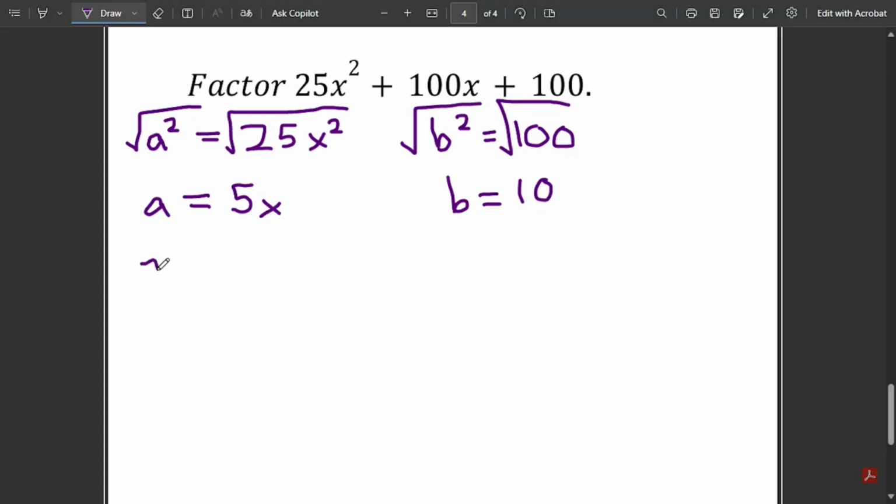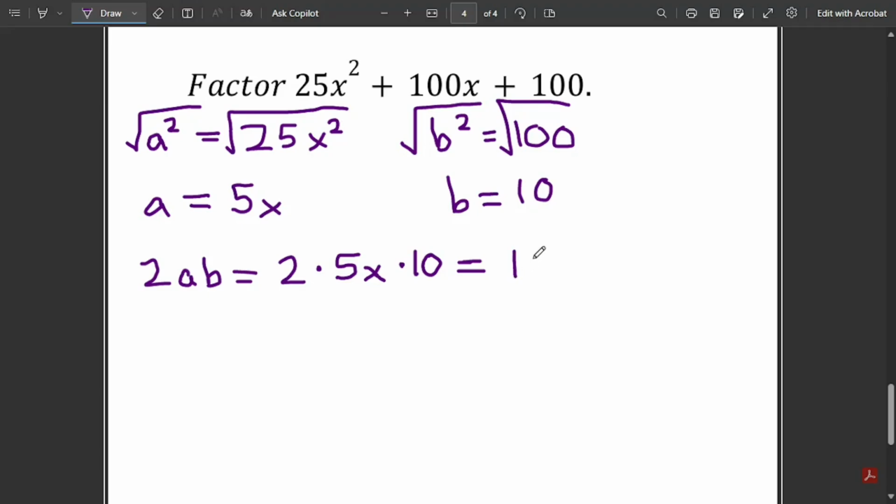So let's figure out 2ab. That's going to be 2 times 5x times 10. So 2 times 5 is 10, 10 times 10 is 100, so we have 100x.